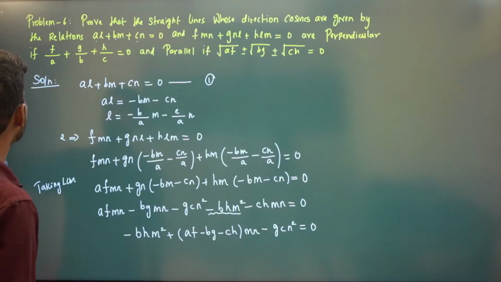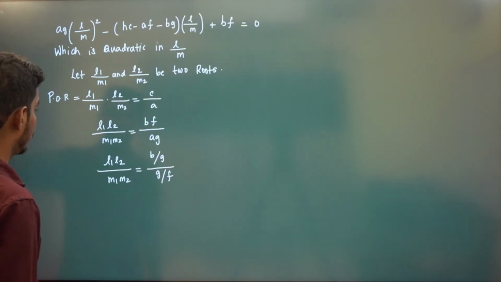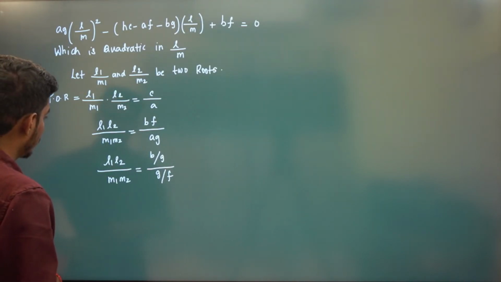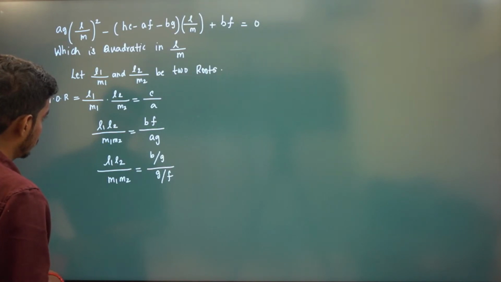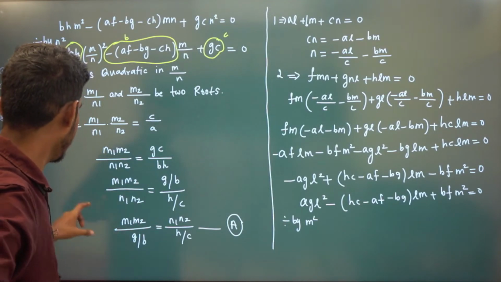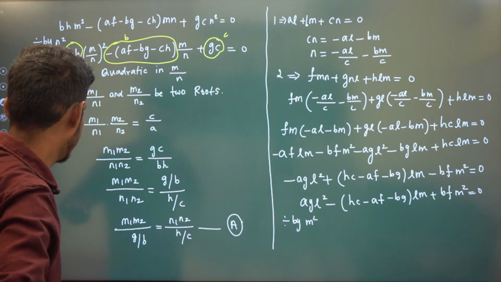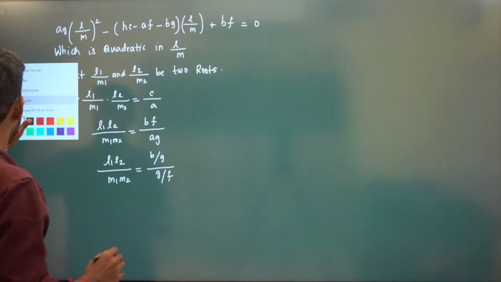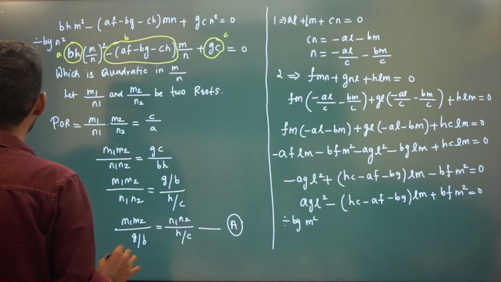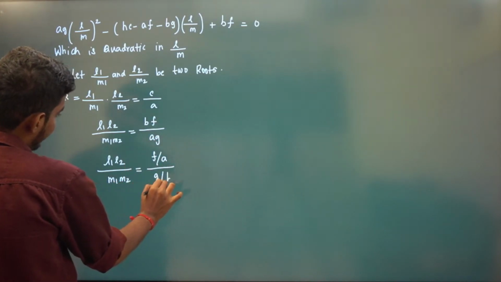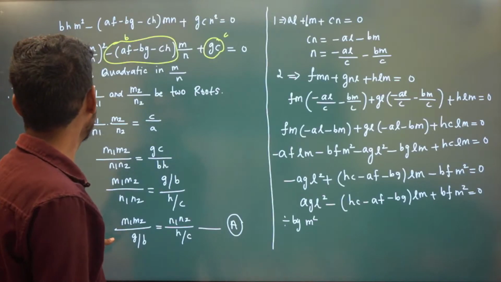We should have G by B, H by C. Let us write like F by A, G by B. You can write like that also, but we need to prove like this.